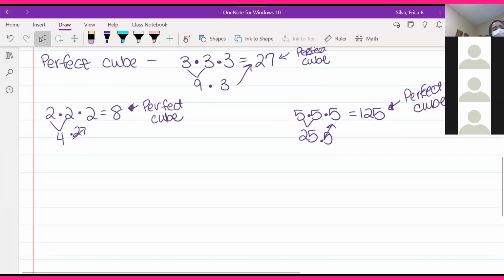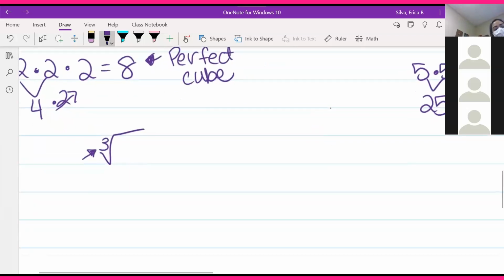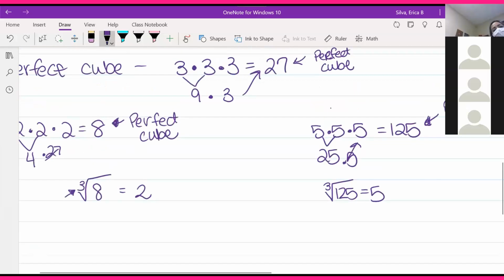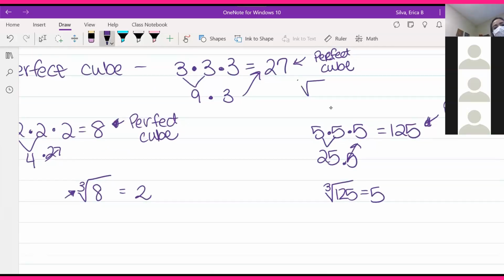In your calculator, you need to use the button that has the 3 as the root. If we do the cube root of 8, we get 2. If we do the cube root of 125, we get 5. If we do the cube root of 27, we get 3.